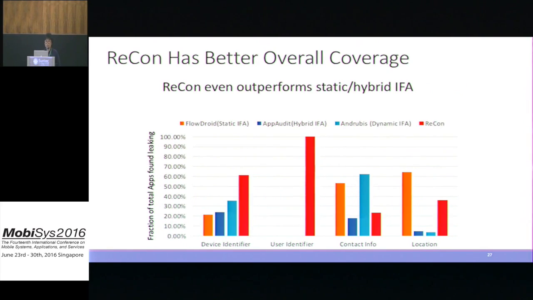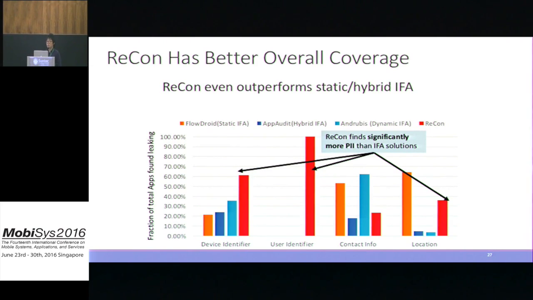We also compare ReCon with static and hybrid IFA. In these cases, they don't generate network traces to compare directly, but still, ReCon finds more instances of leaks. This is especially true for user identifiers, where IFA tools don't know a username and cannot taint the information.